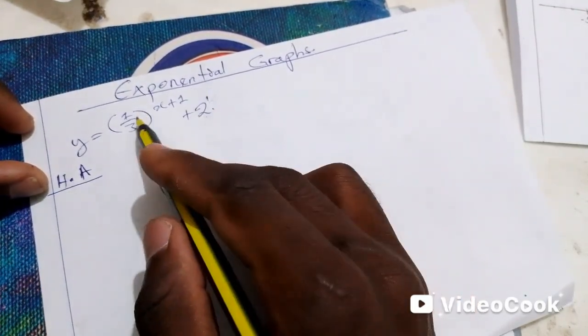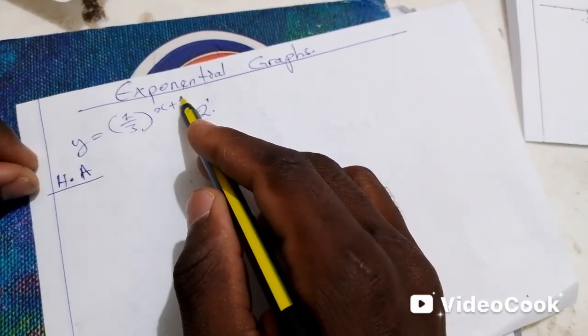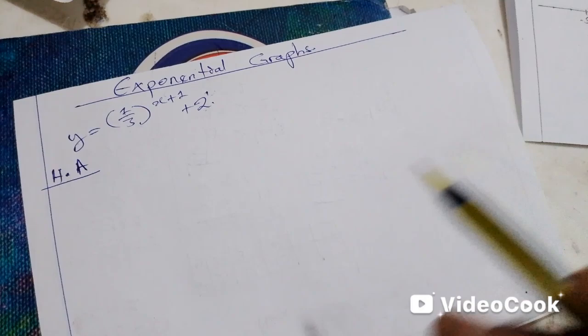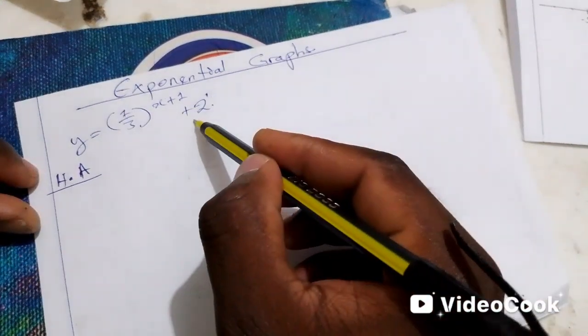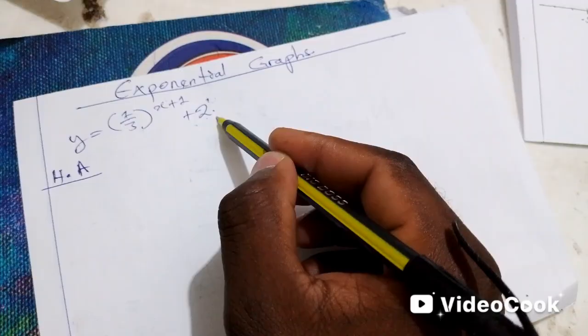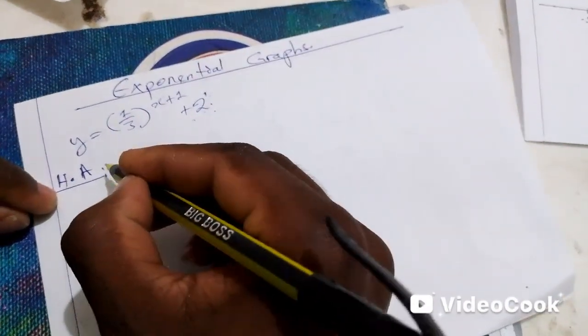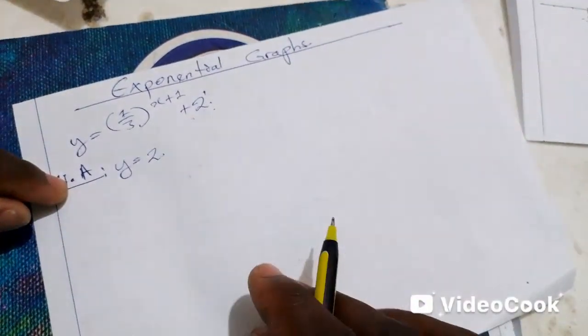But for this one, the power is not definite, it has x in it. We don't know what its power is. It can be 2, 3, or 4. It's not fixed. So we're going to get the constant as our horizontal asymptote. Since horizontal asymptote deals with y, we say y is equal to 2.